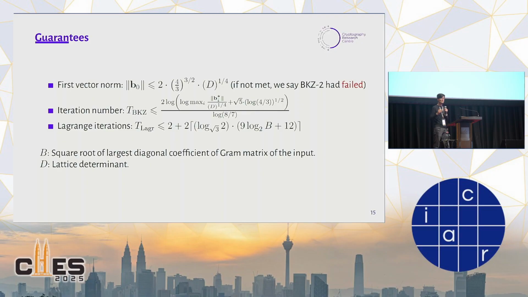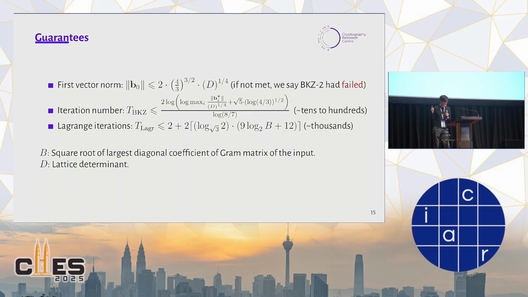And that's exactly what we needed for SkiSign, to output short vectors to be utilized later within the scheme. And as you can see, the runtime of our algorithm relies on the Gram matrix and the lattice determinant, as predicted. Once we fix an upper bound on these values, what we get is a constant time lattice reduction algorithm.